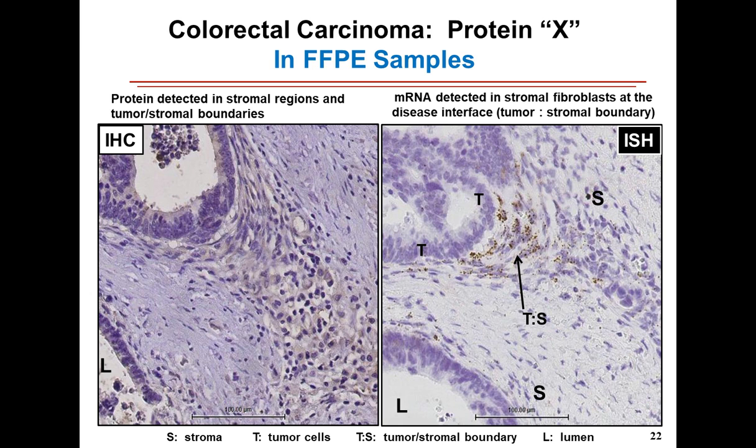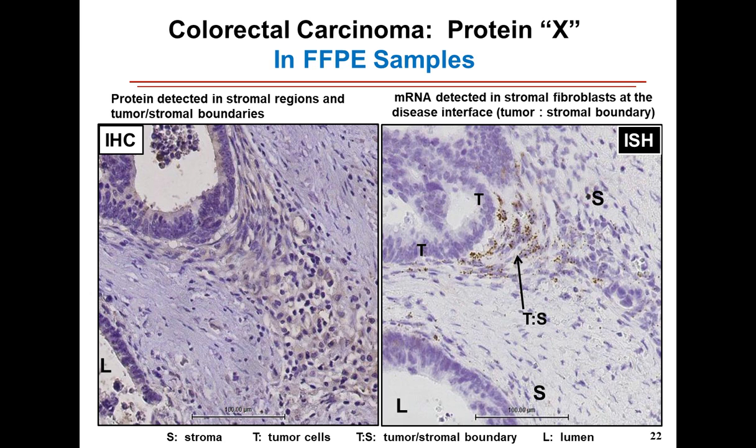I like to show this picture because one thing we know about protein X is that it's produced and secreted by activated fibroblasts, and these fibroblasts are activated more closely to the tumor stromal boundaries. I have that depicted there by T and S. We see the tumor cells with the T, and then the TS tumor stromal boundary.